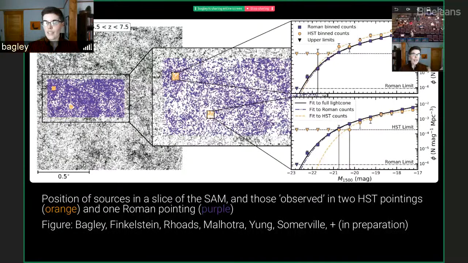And the purple dashed line and the squares show what we would measure with Roman looking at this pointing. And the orange we can see from HST, one of the pointings would give us a density that's quite high and one that would give us a density that's quite low. And so the power of Roman here really is marginalizing over all of the density variations in this pointing.